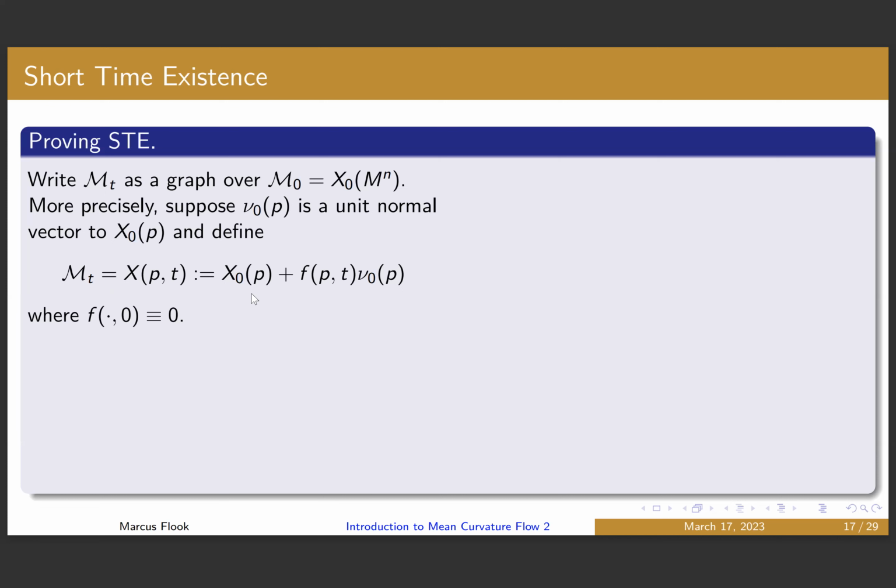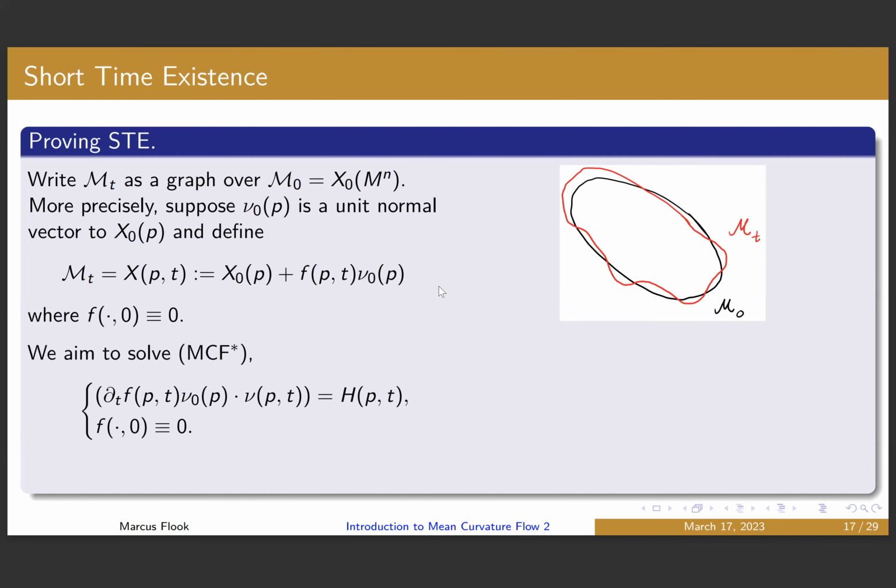So we take the initial embedding, we add on some time-dependent function times that normal vector, where of course the initial condition is that this f is equal to 0. Unfortunately, we've left the realm of Ecker drawings. I had to come up with my own poor artist rendition, but this is the general gist of what we're doing.